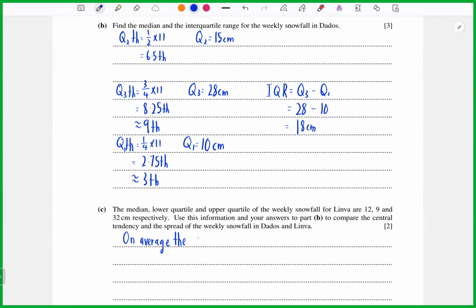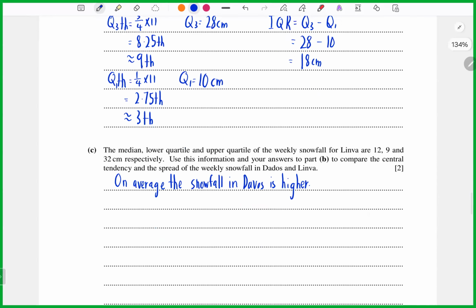So you can write here, average snowfall in Thanos is higher, because Thanos is 15 cm and Levinus is 12 cm, for the median.